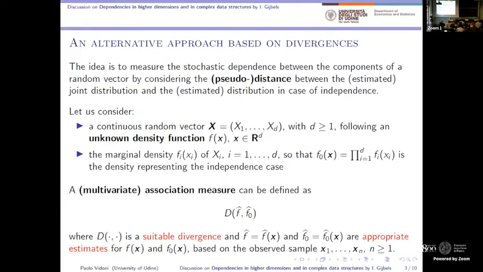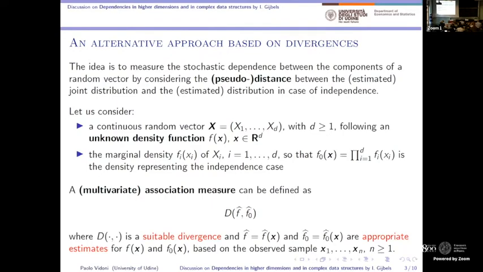The basic idea is very simple: to measure dependence as a sort of distance between the estimated joint distribution and the estimated joint distribution in case of independence.